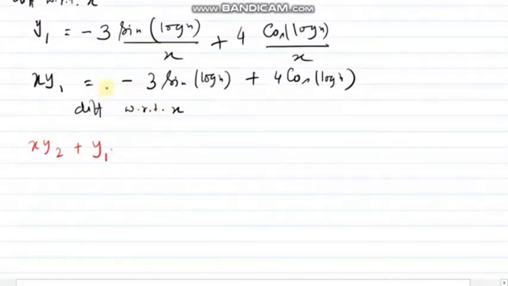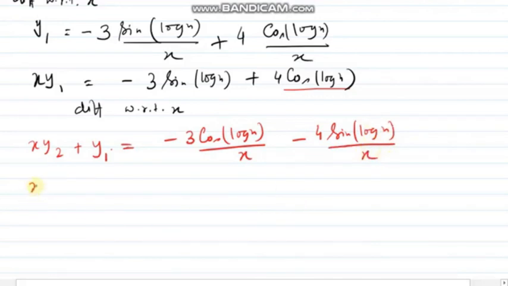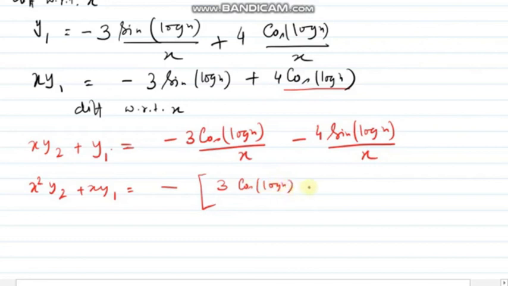So this will be equal to minus 3 cos log x divided by x, and if I differentiate, it will be minus 4 sin log x divided by x, right? Again, if I multiply x this side, x square y2 plus x y1 equals minus common 3 cos log x plus 4 sin log x.